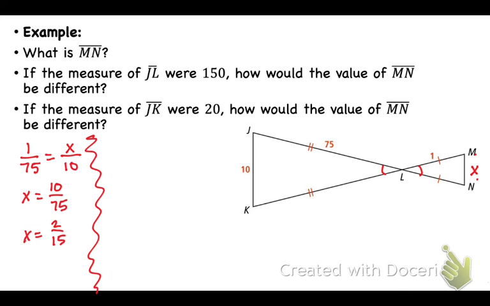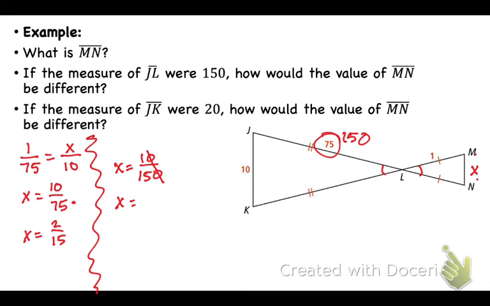Next question says, what happens if I change JL to 150? Well, that would just make this 75 right here 150, wouldn't it? Yeah. So I would get X equals 10 over 150, which would be what? 1/15?